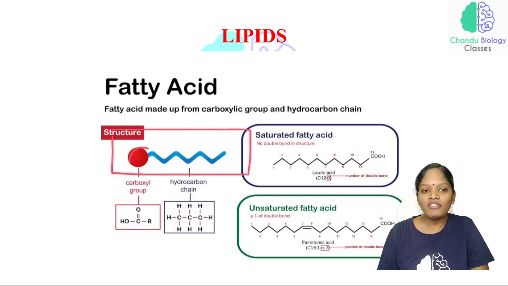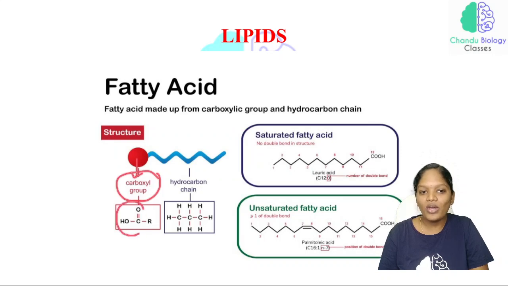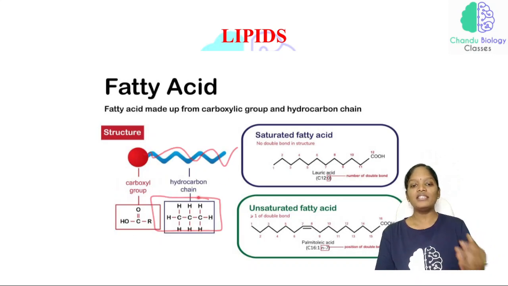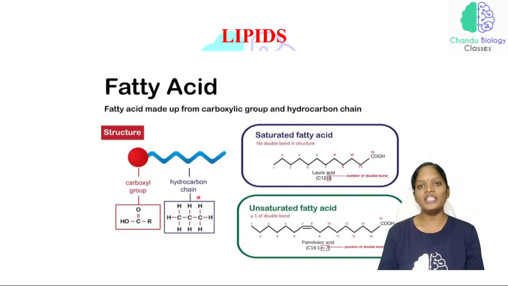In this fatty acid, the head, that is the hydrophilic region, is made up of the carboxyl group, COOH. And this is the hydrocarbon chain, where we have only carbon and hydrogen, so we call it a hydrocarbon chain.